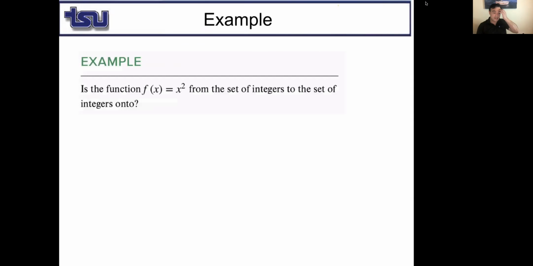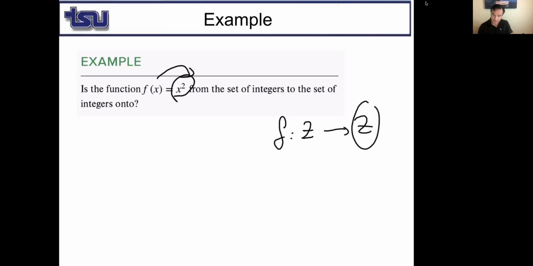Okay. The function f of x equals x squared, is this an onto function? We say f is from Z to Z, right? Okay. This is not onto. Why? Because the function takes integers, even negative integers, and maps them to non-negative integers. Still in this codomain, we have the negative integers, and we have zero and positive integers.